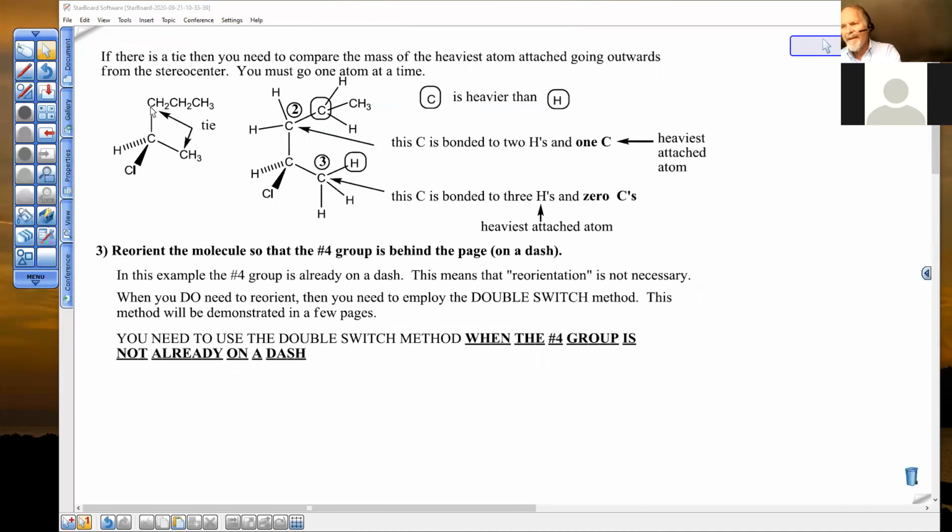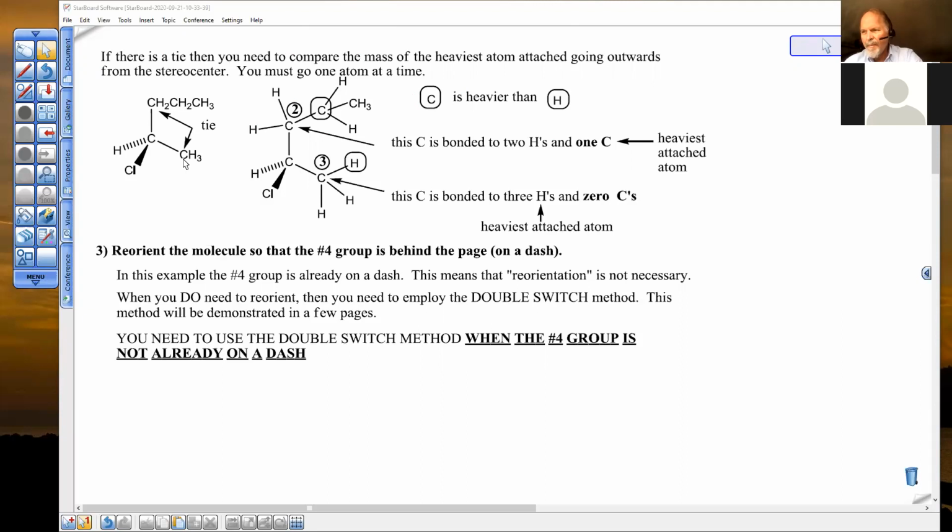So we've established we have a tie between these 2 carbons. Question 1, what is the heaviest atom attached to this carbon? Another carbon. Please don't go back to the stereocenter ever. You're always moving outwards 1 atom at a time. Atom is the word. Heaviest atom attached to this carbon is a carbon.